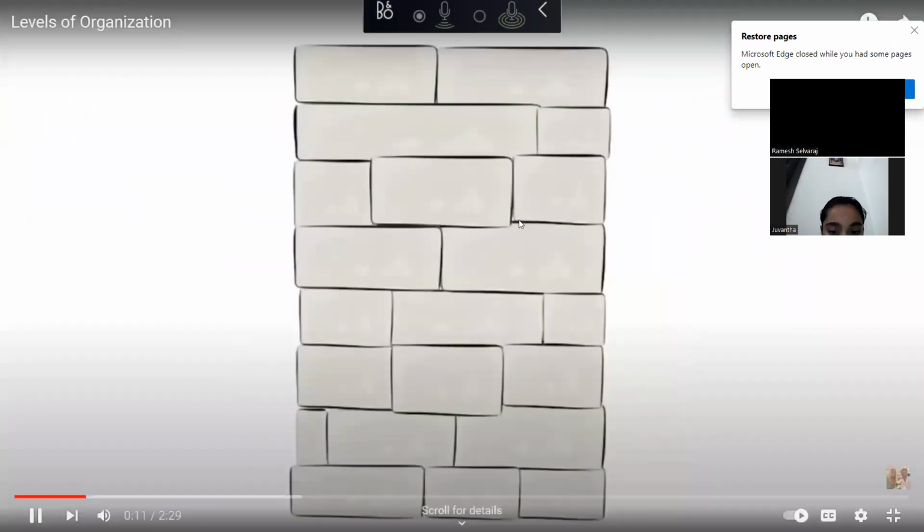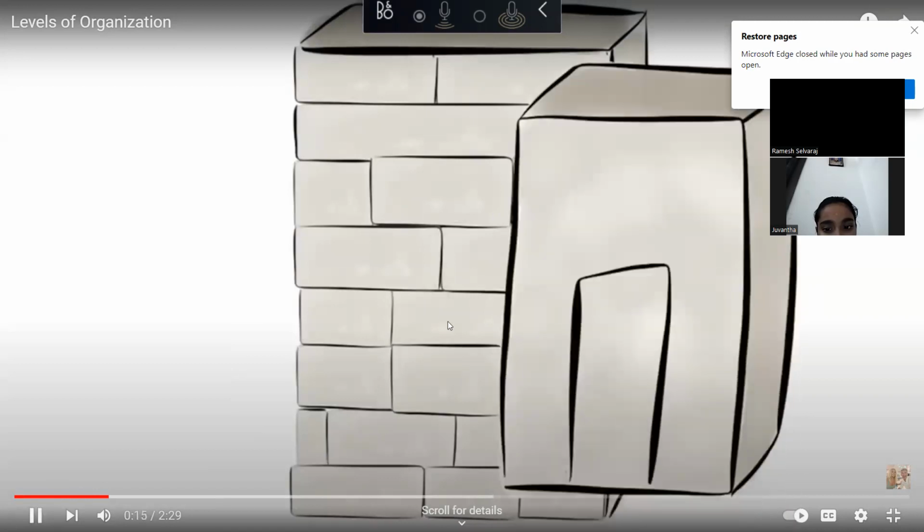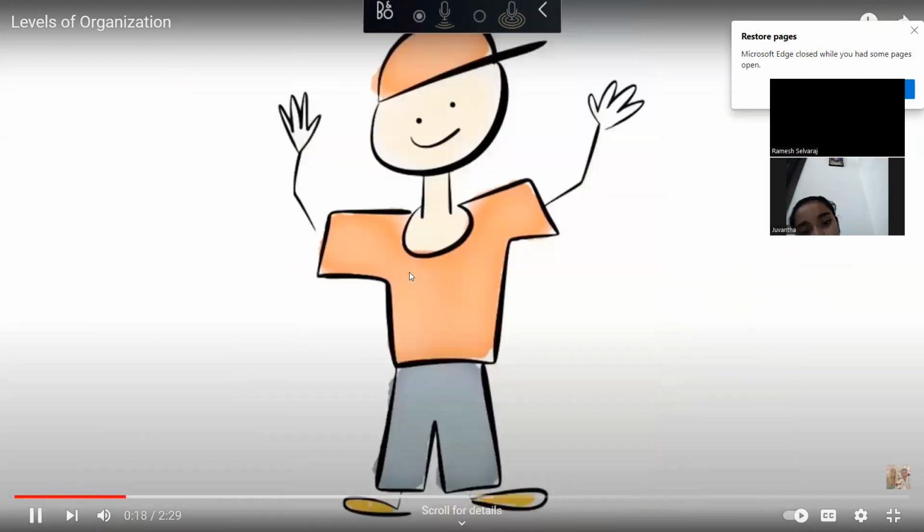See, many bricks join together, it is called a wall, right? If many walls form a building, that will be called one full complete building.